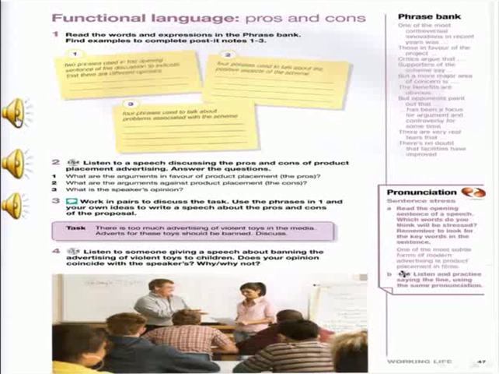The benefits are obvious. Product placement helps pay for the costs of making a film. However, critics argue that this is an insidious kind of advertising that we cannot choose to ignore. Do you go to the cinema to be treated like a consumer? I certainly do not.